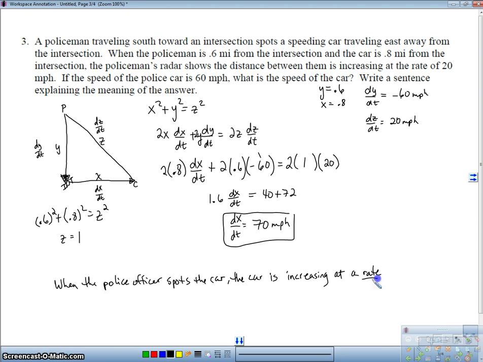Remember I told you in the last video, use this word, they like to see that word: increasing at a rate.